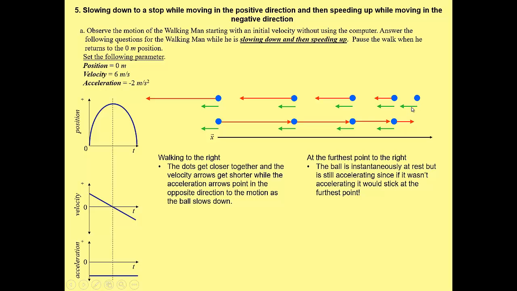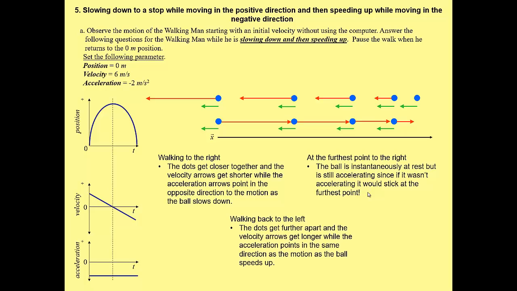Something's still happening, right? And think of the counter. If it was 0 and he had no velocity, he would never come back. He'd get stuck there. He doesn't get stuck there. And then on the way back to the left, the dots get further apart while the velocity arrows get longer, and the acceleration points in the same direction because he's speeding up.